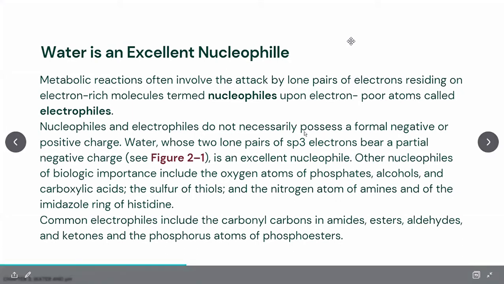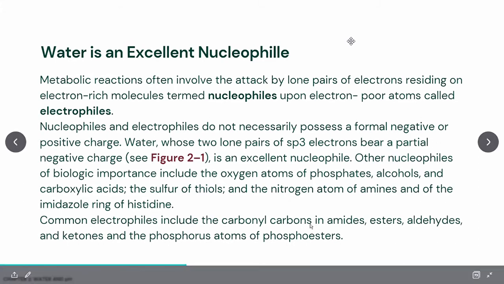Other nucleophiles include oxygen atoms of phosphates, alcohols, and carboxylic acids, the sulfur of thiols, your SH group, and the nitrogen atom of amines, and of the imidazole ring of your histidine. Okay.